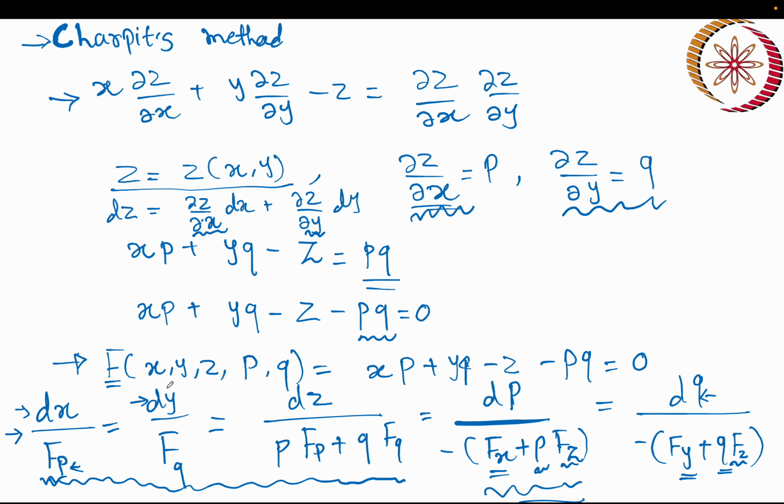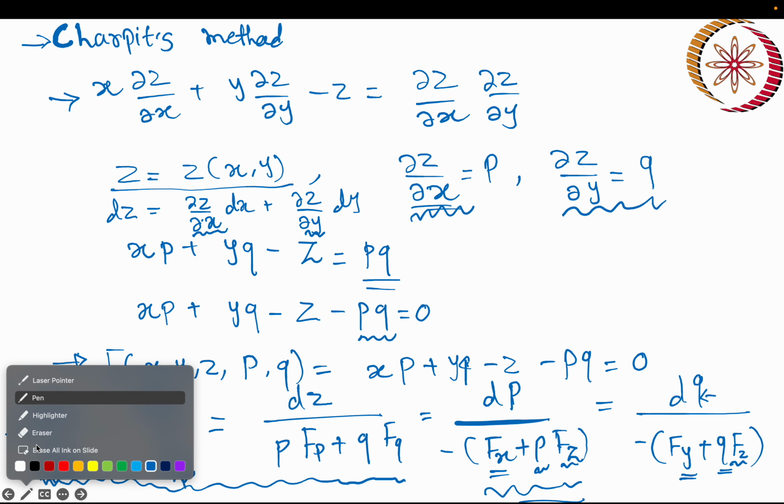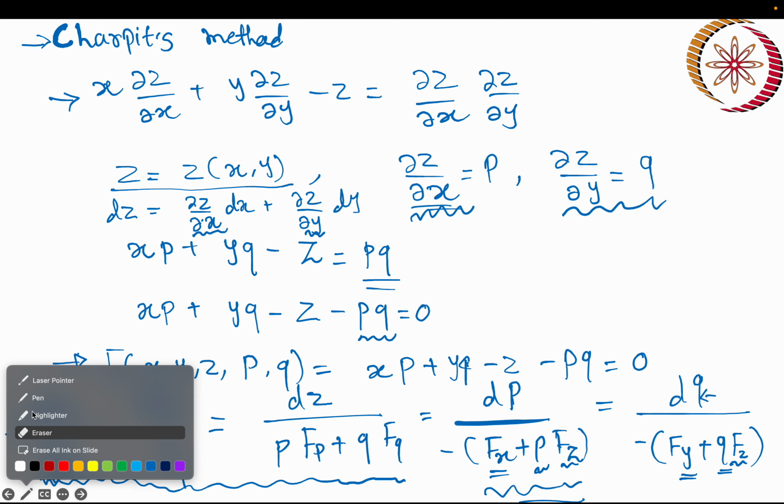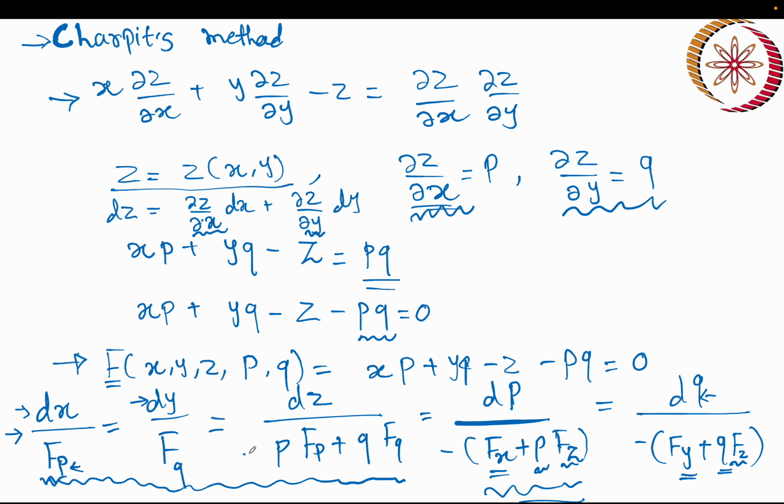Similarly for dy, this q corresponds to the y derivative, so you can just remember it that way. And for dz you can remember this term by considering this equation: let's say z is a function of x and y.